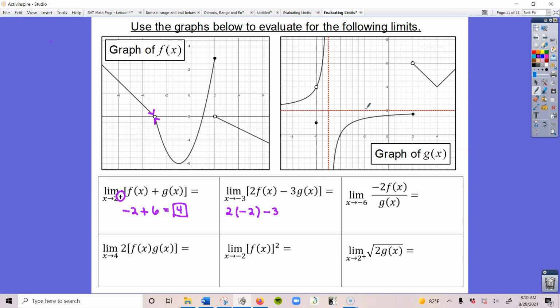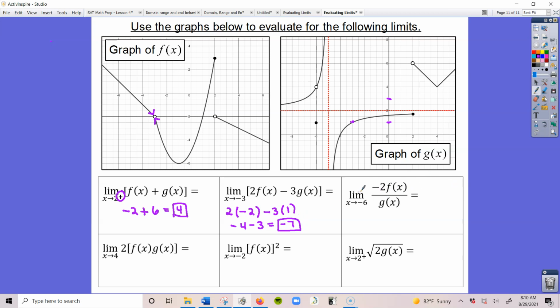So here's g of x. We're going to go to negative 3, which is right here, and that is the value of 1. Here, it may be hard to read, but every 2 lines is 1. So this is 1, 2, this is 3, 4, etc. So here's negative 3. And that value is 1. So 2 times negative 2 is negative 4, minus 3 times 1, which is 3, and negative 4 minus 3 is negative 7.